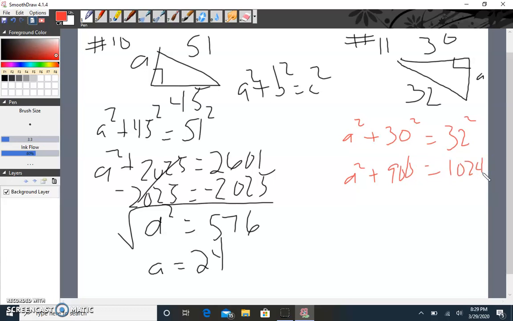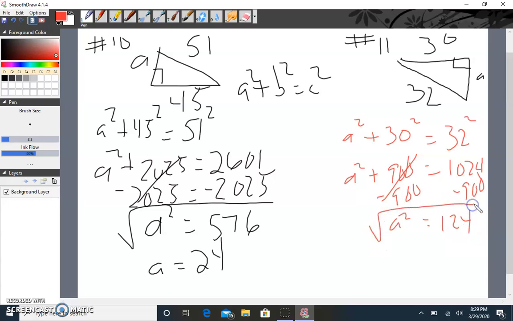Same thing we did over here on number 10. So we're going to have to subtract 900. So that'll cancel out, giving us a squared. And we subtract 900 from this side. This gives us 124.